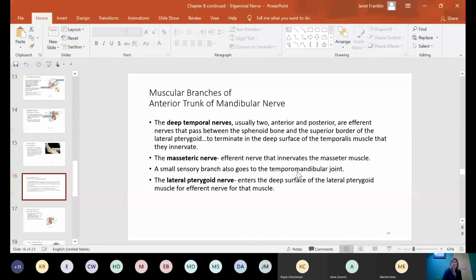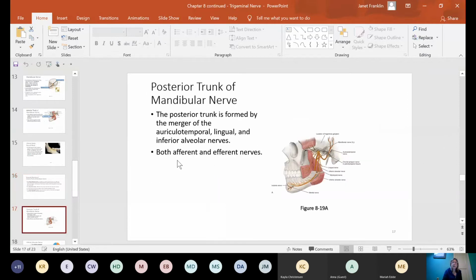Deep temporal, temporalis, masseteric, masseter, lateral pterygoid, pterygoid muscles. Then we've got the posterior trunk, which is formed by the auriculotemporal, lingual, and IA. So that's the part we want to worry about, the lingual and the IA.